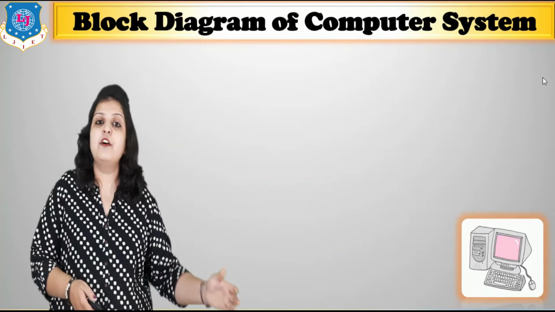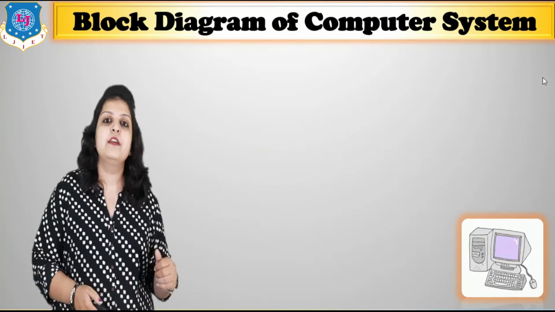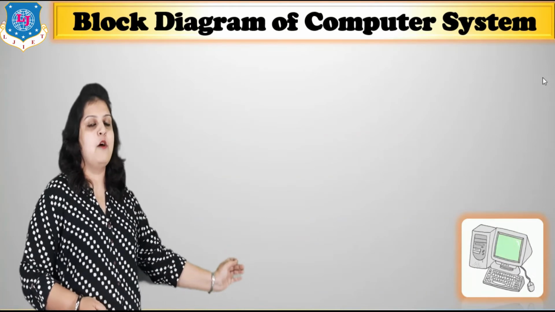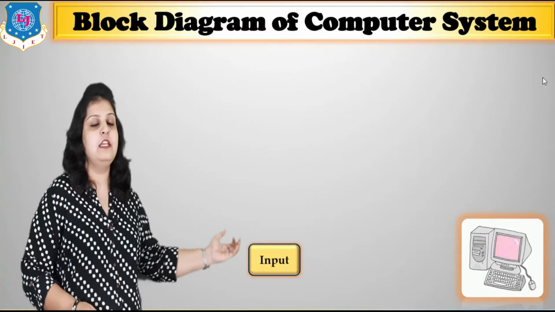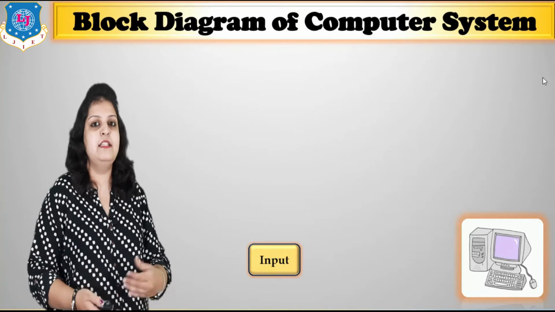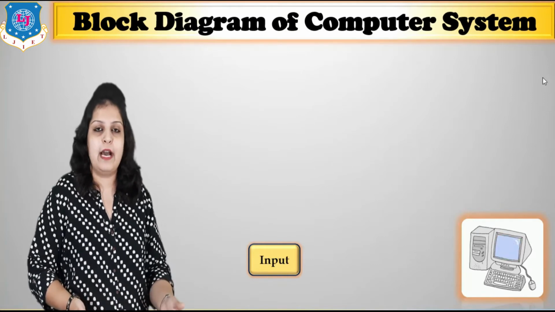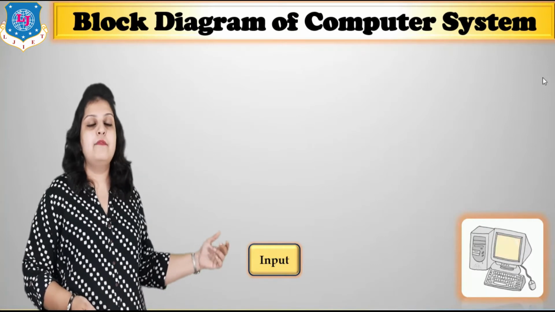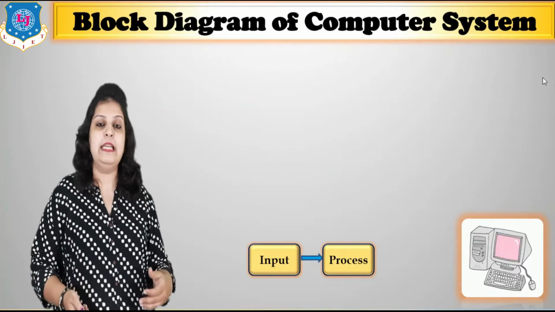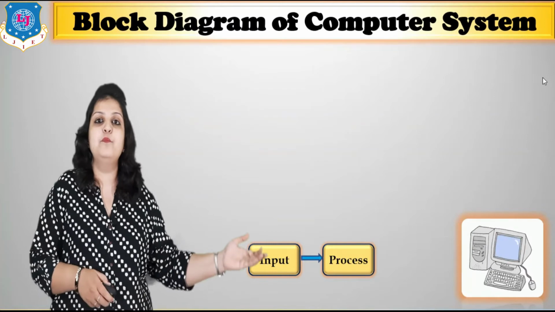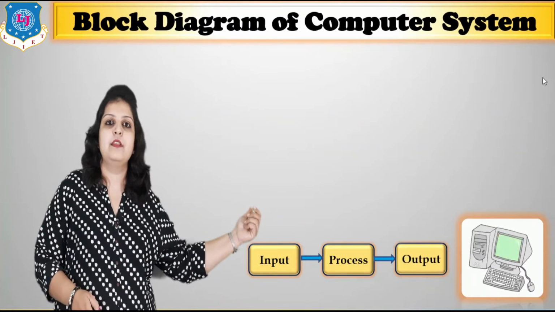Now, what is the function of our computer? So here you can see the keyboard and mouse. So by using keyboard and mouse, we can enter some input or instruction or data. Then after entering some input, process the data, and finally we get the output on our display.